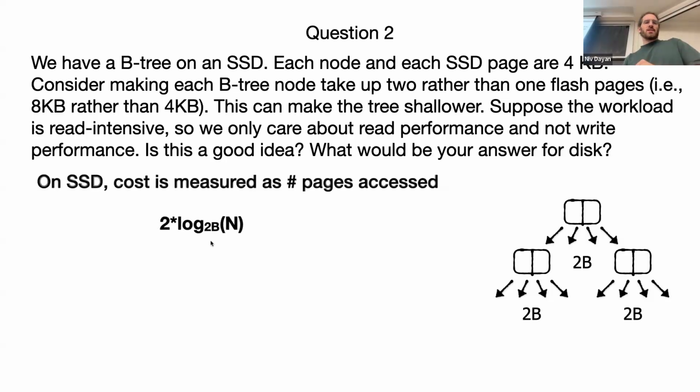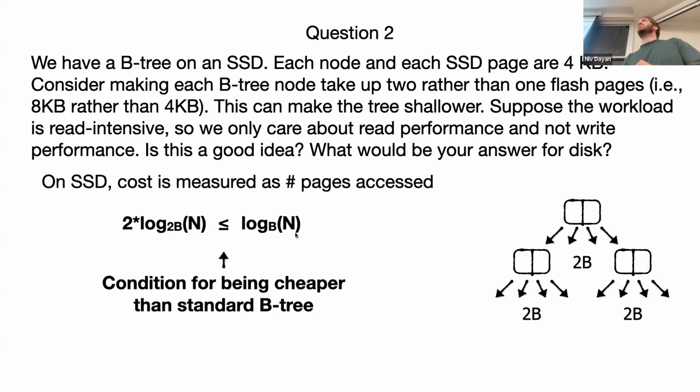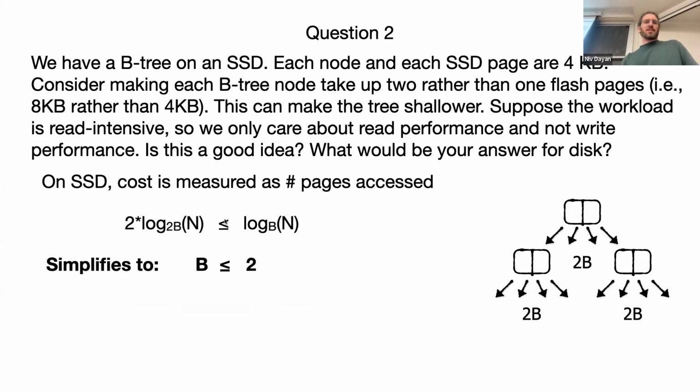So now the question is, is that better or worse than what it would be if your node size is 1? Now we have an inequality, and we can solve the inequality to show that it only holds if B is smaller than 2. But that's a contradiction because B is larger than 2. B is typically on the order of 10, 100, 1,000. So the answer is that this is not a good idea.